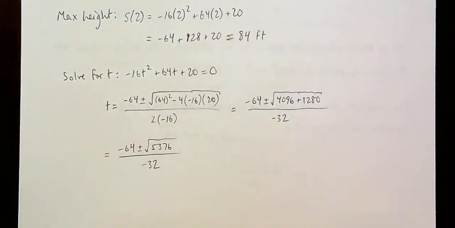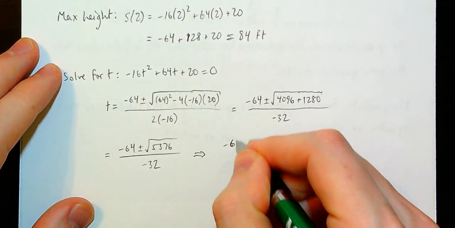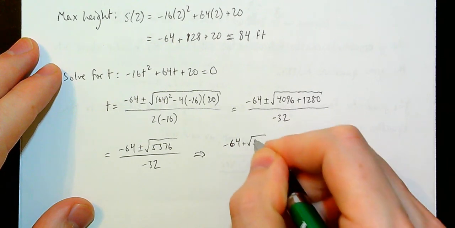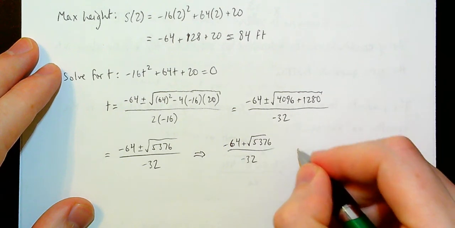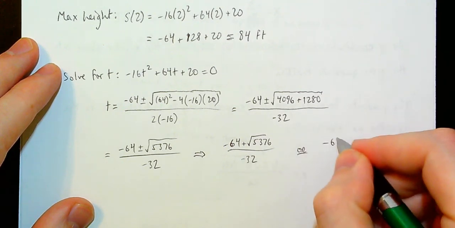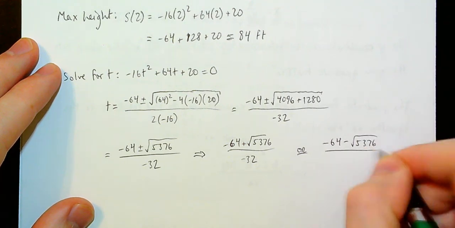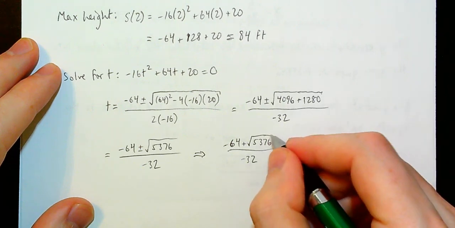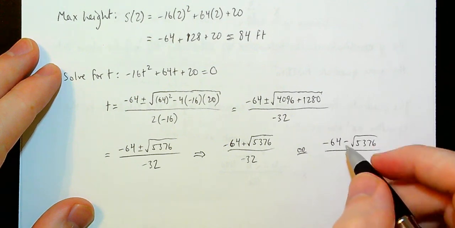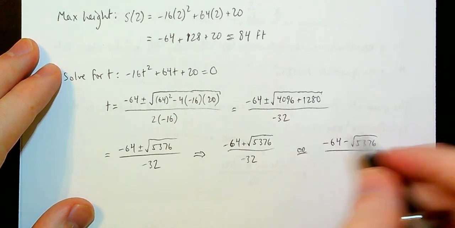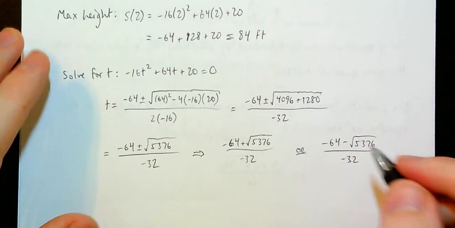So we're going to do these 2 separate calculations: negative 64 plus the square root of 5,376 divided by minus 32, or negative 64 minus the square root of 5,376 divided by minus 32.